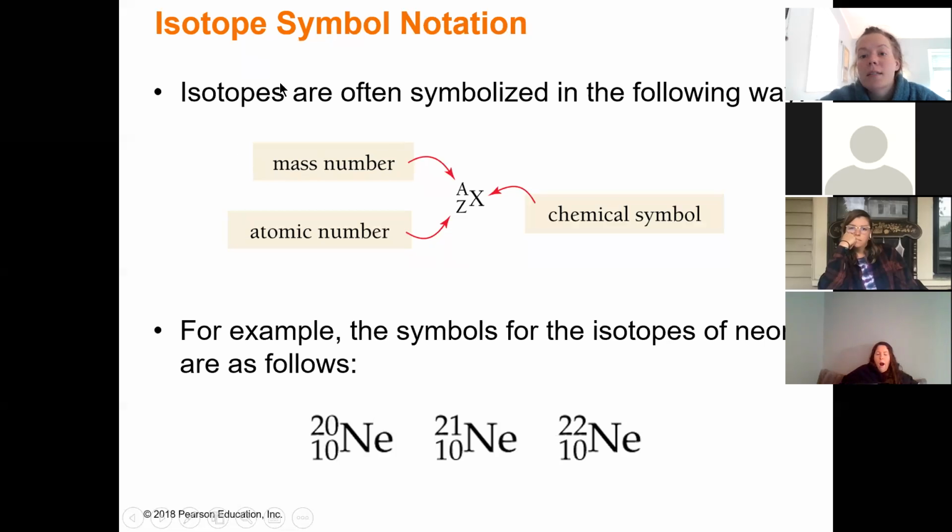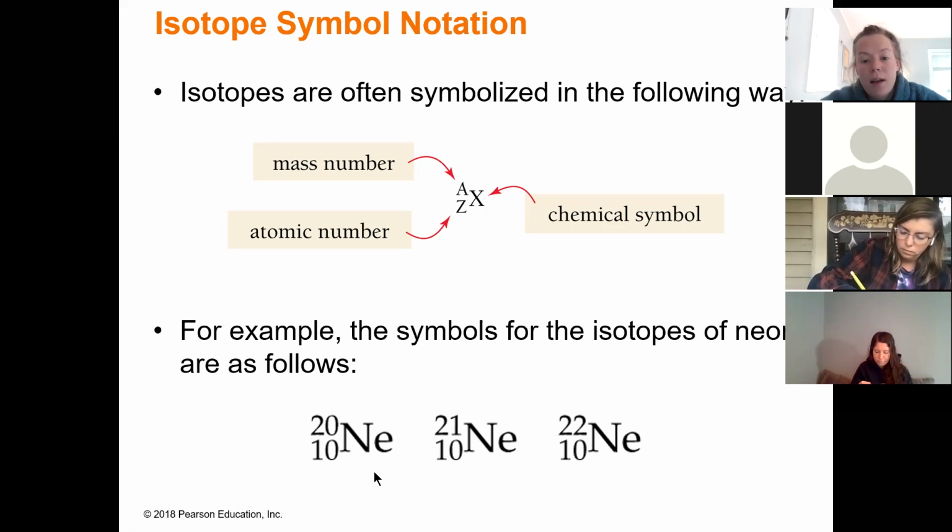There are a couple different ways that you can see it written. This is isotopic symbol notation. Down here there's neon 20, neon 21, neon 22. You have the chemical symbol, and then in the upper left corner is the atomic mass. That's the protons and the neutrons.